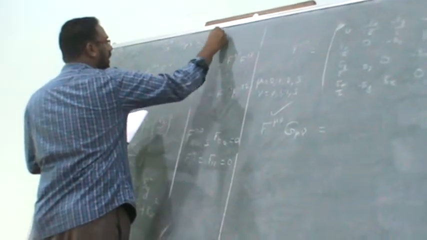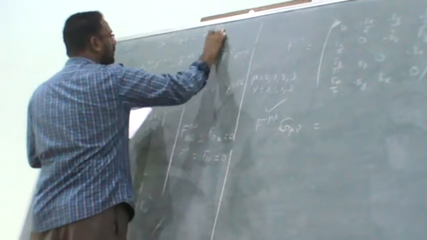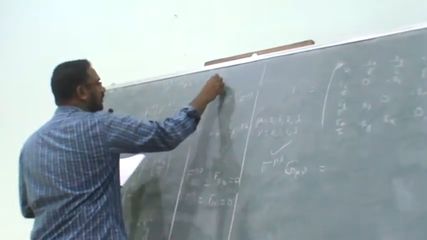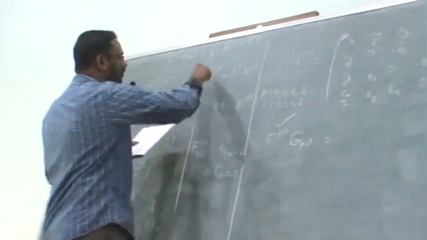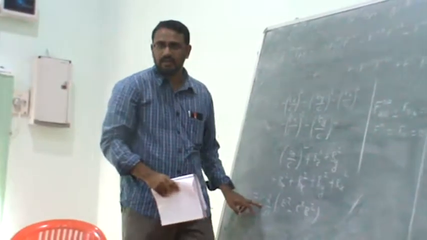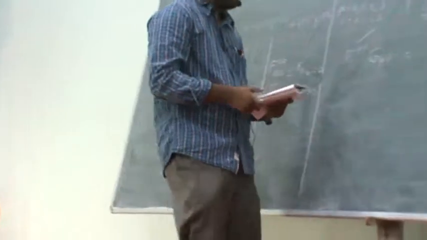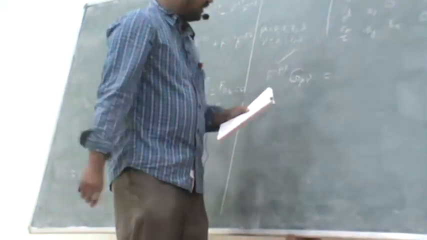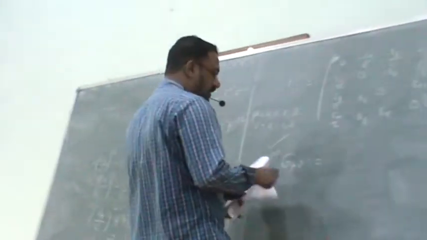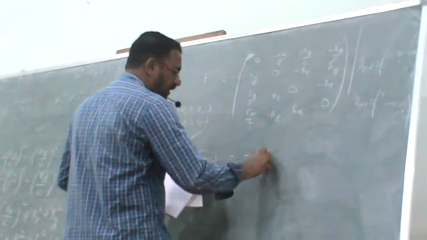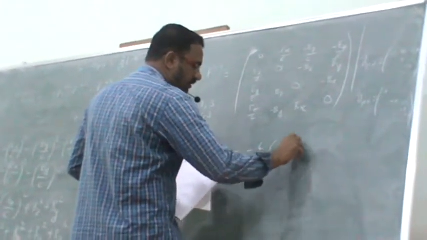You will get E square by C square, or E square minus C square B square, with the positive sign. Here, negative sign. But of course, it's a Lorentz invariant. That is important. And if you contract this, you will get the answer as minus 4 by C E vector dot B vector.